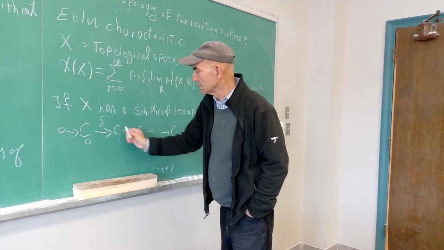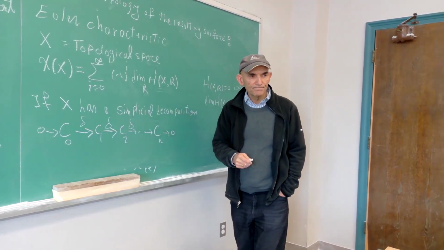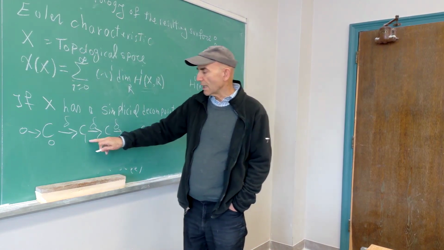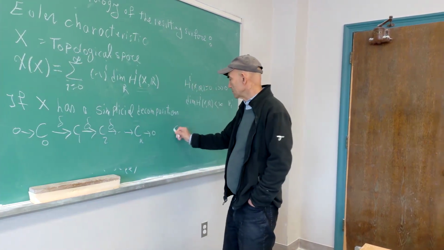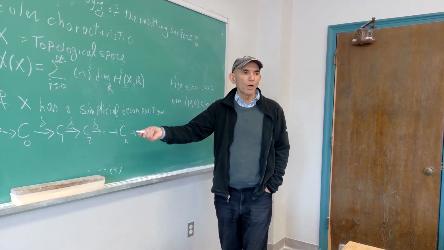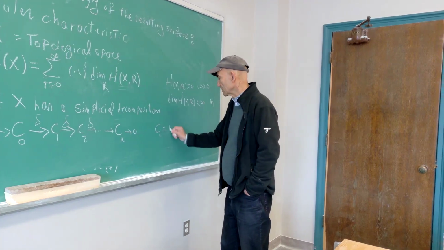So there is this differential delta. Now, each Ci is a vector space that's generated by i-dimensional cells.